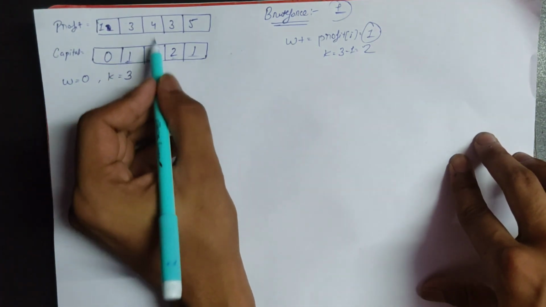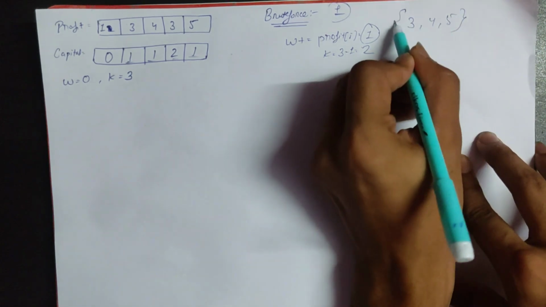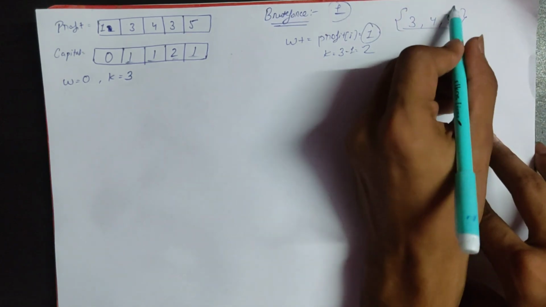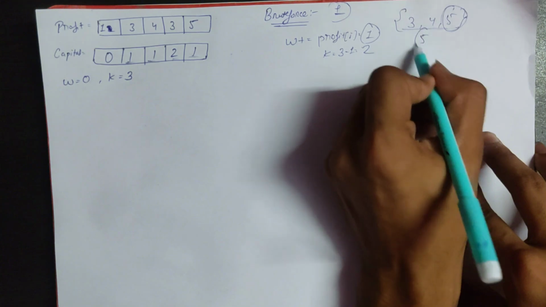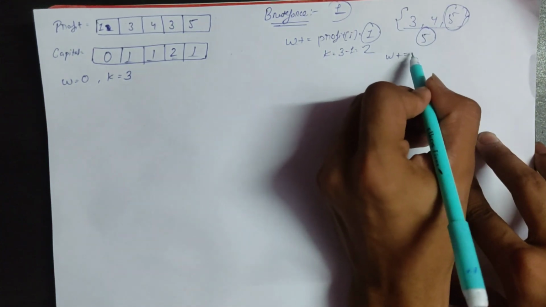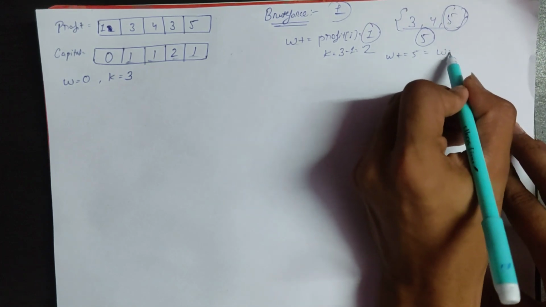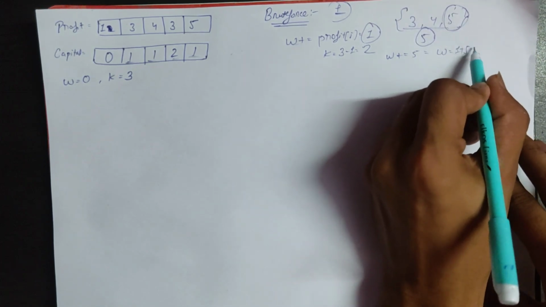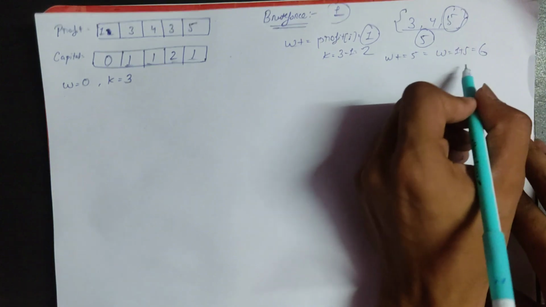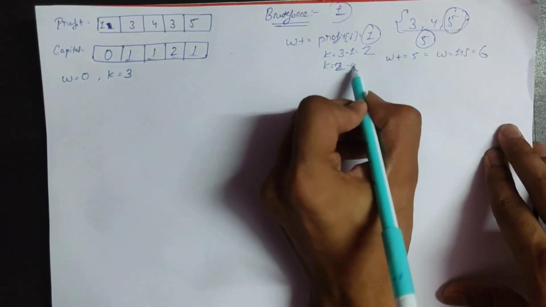So we will compare these 3 values and we will get 3 4 5. Now we can sort these values and take the maximum of them and add it to W. So W will be 1 plus 5, which equals 6. After this, K will be decremented again, 2 minus 1, which equals 1.